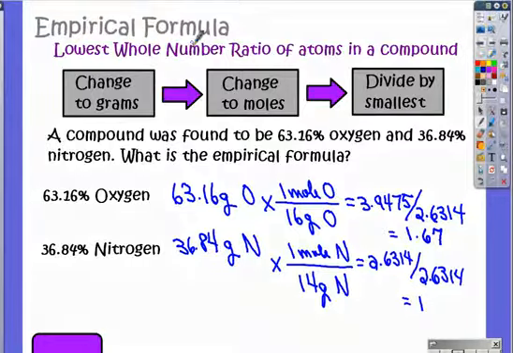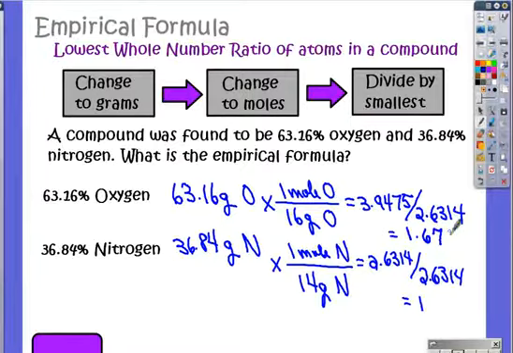So since the 1.67 contains a fraction, and in fact, upon quick inspection, the 0.67 is around 2/3. Those of you who are following me can see, oh yeah, 0.67 is 2/3. So this is like 1 2/3 to 1. What we want to do to get rid of this fraction and turn everything into whole numbers is multiply by a whole number that's going to eliminate the fraction completely.